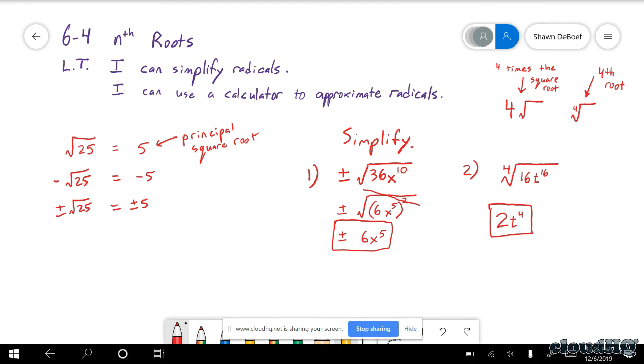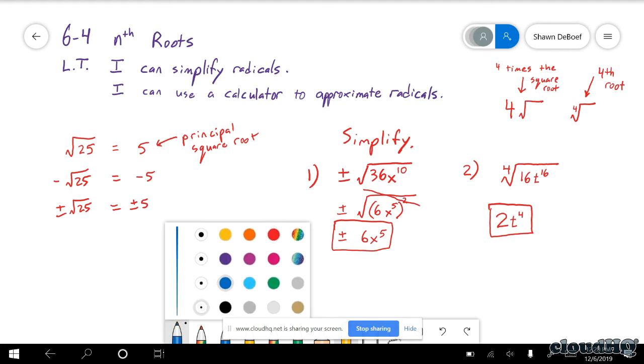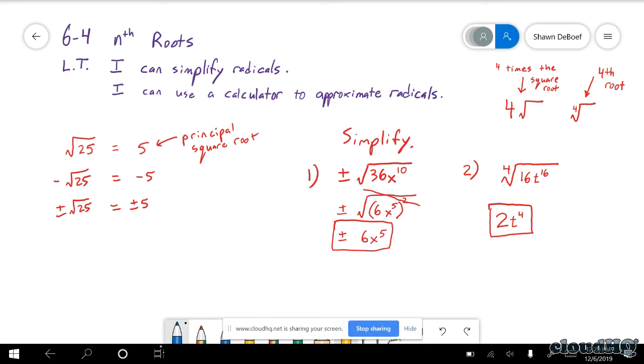So we know, off to the side, just a little note in case I confused you on where 2 came from. We know that 2 to the fourth power is equal to 16. So if I work backwards, the fourth root of 16 equals 2. Those are inverses. That's how I knew it was 2.